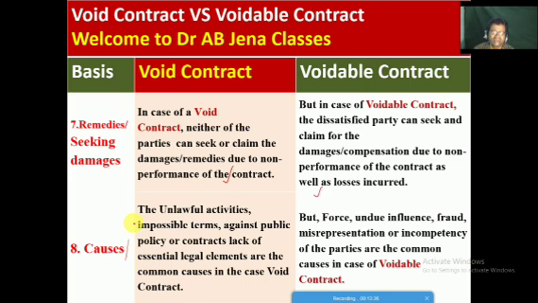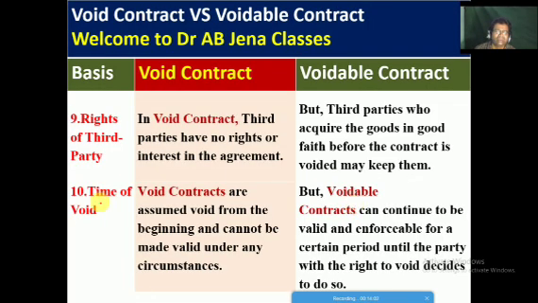Next, the basis of comparison: causes. Unlawful activities, impossible terms, being against public policy, and lack of essential legal elements are the common causes in the case of a void contract. But force, undue influence, fraud, misrepresentation, and incompetency of the parties are the common causes in the case of a voidable contract.